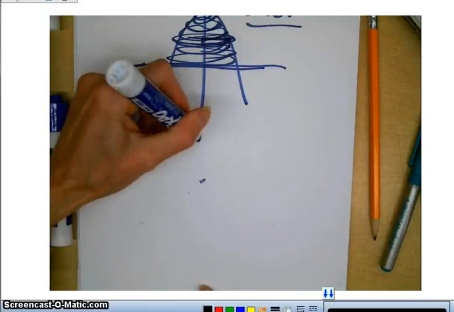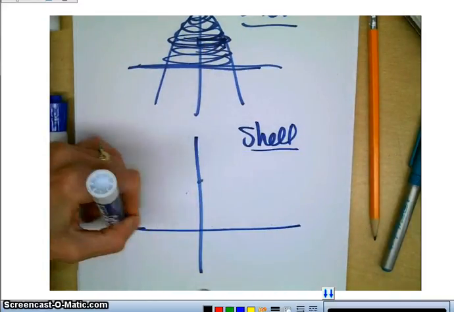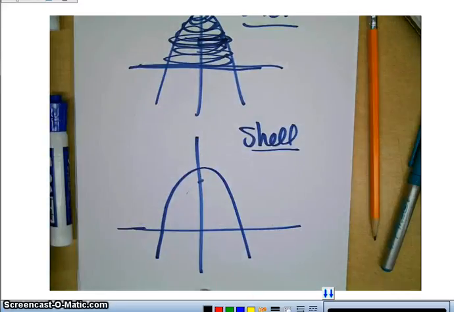Okay, but with the shell method, that same area is found using little, they're actually shells. If you think of them as little cans, and they kind of have pictures in your book, on the bottom of page 467, you're finding the volume.